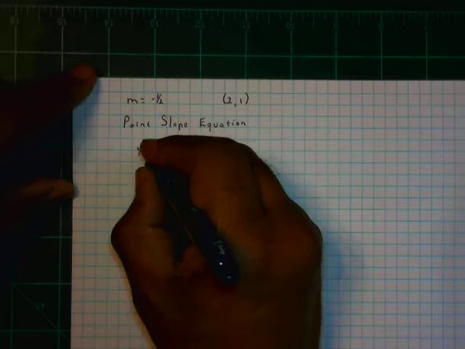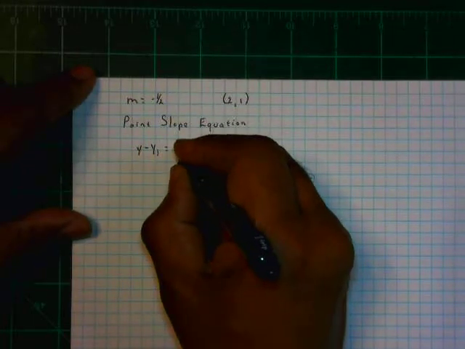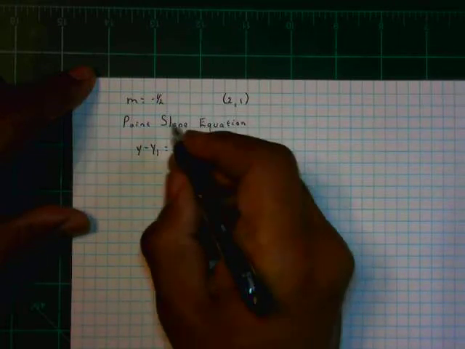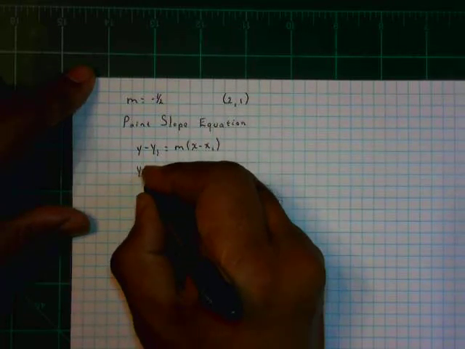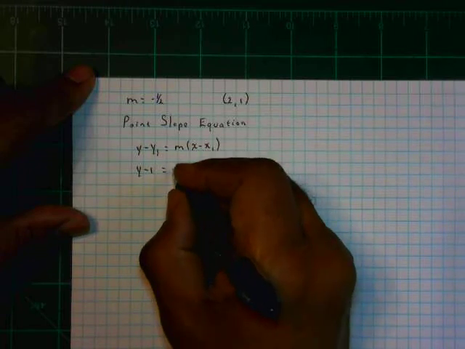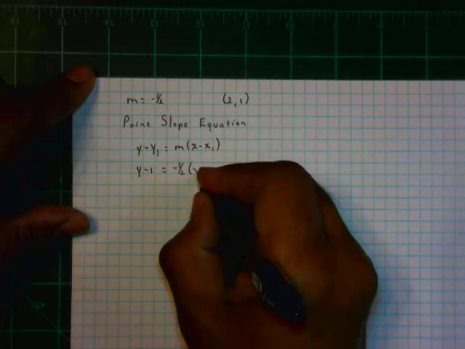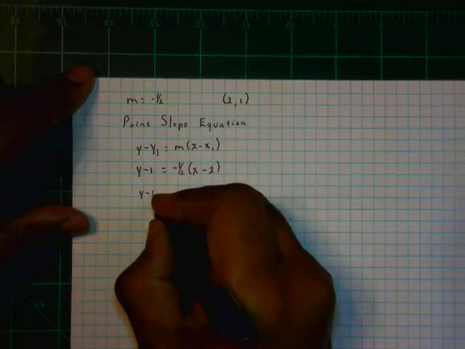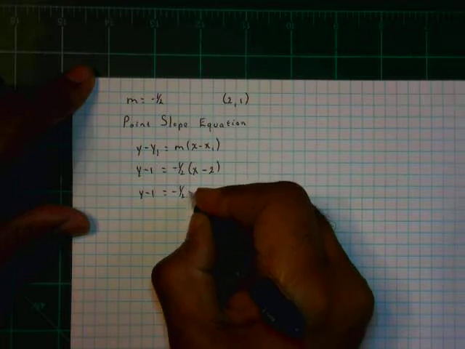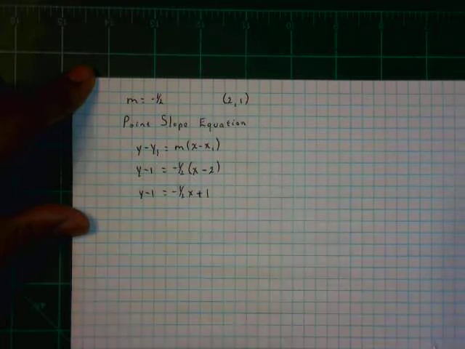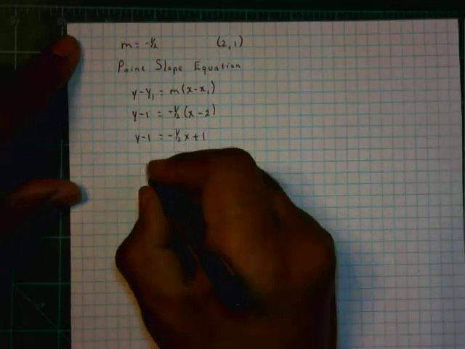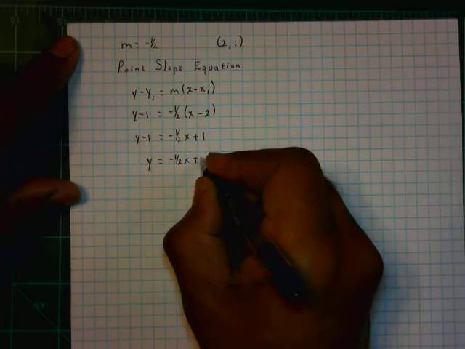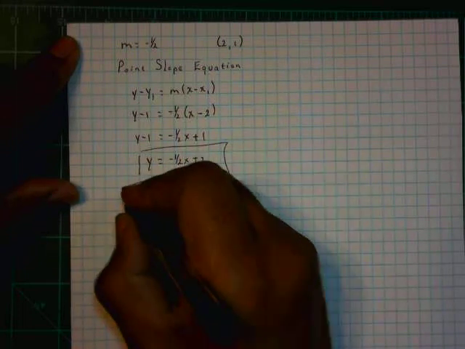So I have y minus y1 equals m times x minus x1. y1 is 1, so y minus 1 equals the slope m, which is -1/2, times x minus x1, which is 2. So y minus 1 equals -1/2 x plus 1. Adding 1 to each side, I see that y is equal to -1/2 x plus 2. And that's the equation we're looking for.